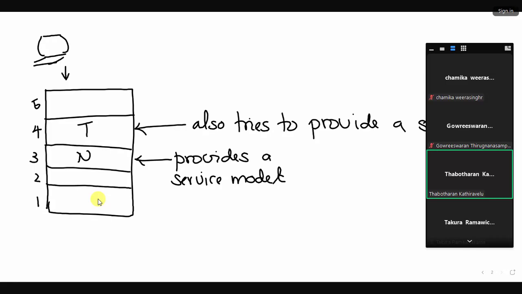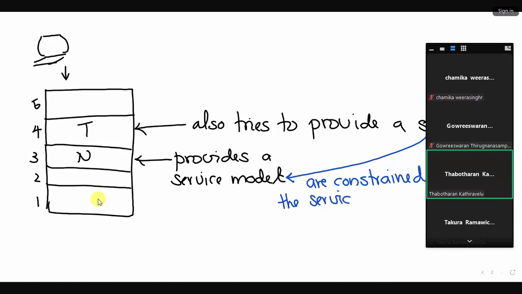And the services that the transport layer tries to provide are constrained by the service model of the network layer. That is also one important thing that we should keep in mind: the network layer service model.